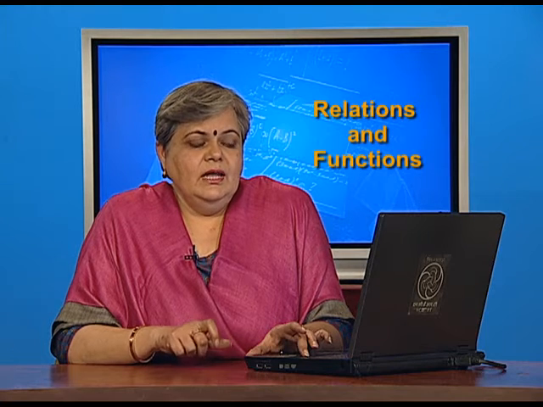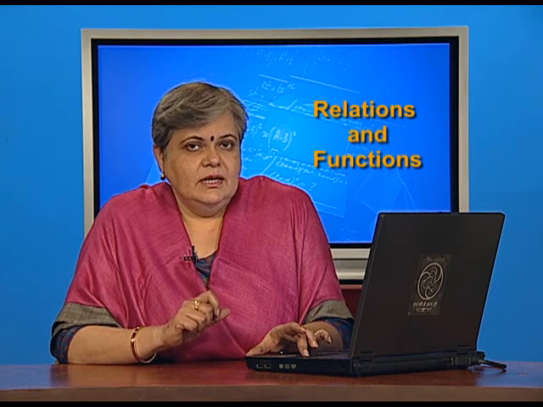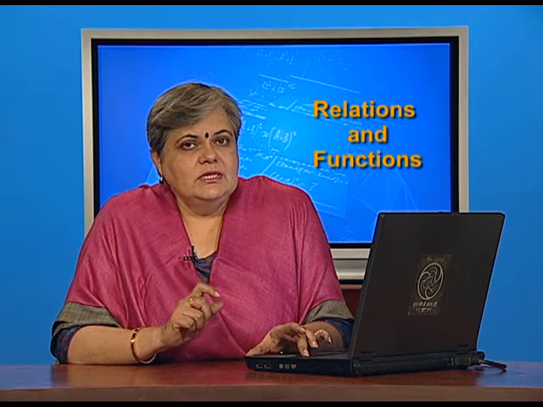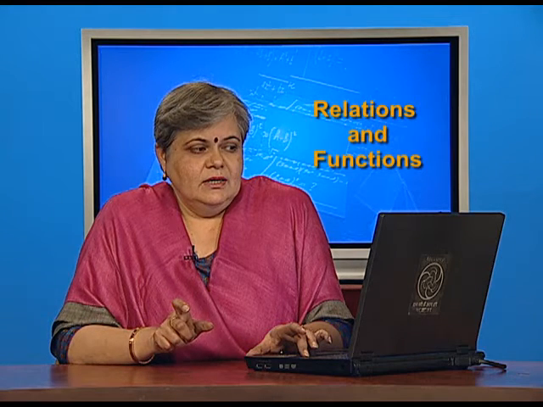So, every element of set A must be connected, must be mapped to one and only one image in set B. It cannot be associated with more than one element of set B.